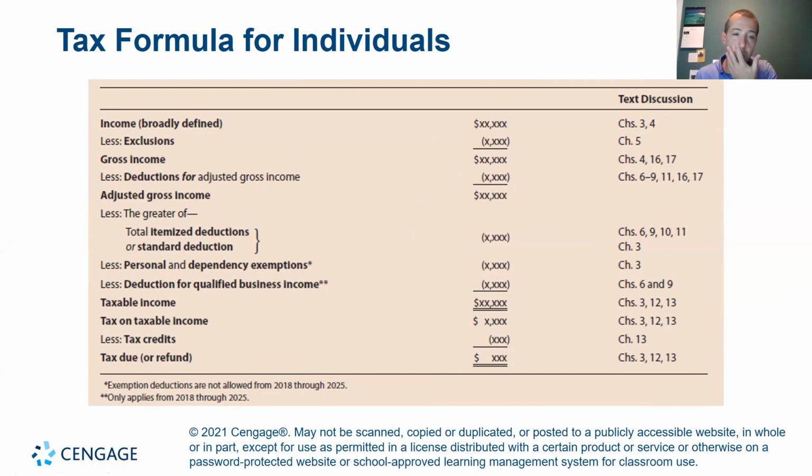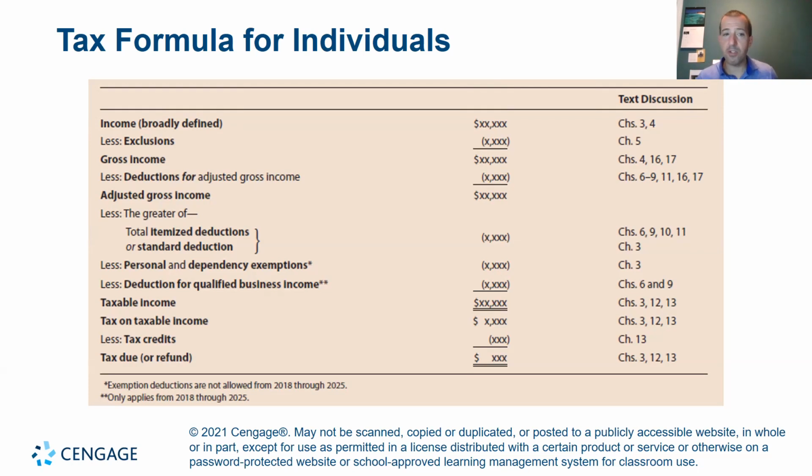From there, we go into deductions. In this chapter, we talk a lot about deductions, and we have itemized deductions. When we get into itemized deductions, we'll talk about the specific itemized deductions that we can choose. These deductions are typically expenses that we've incurred, whether it's interest expense on a mortgage or deductions for medical expenses, things like that.